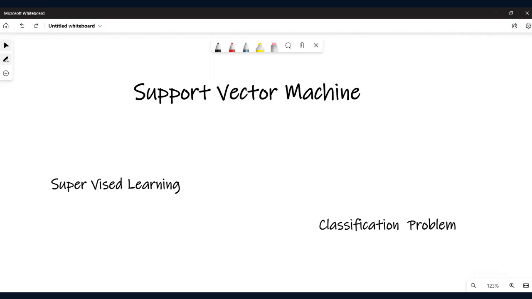So a classification problem can be thought of like Ram studies and Shyam plays. So these are two categories of students. Why do we need a machine learning model for this? Let's consider the example of Amazon. Amazon has this data that Ram studies and Shyam plays. So Ram will be buying study material or books from Amazon, and Shyam will be buying playing equipment or games or CDs from Amazon.